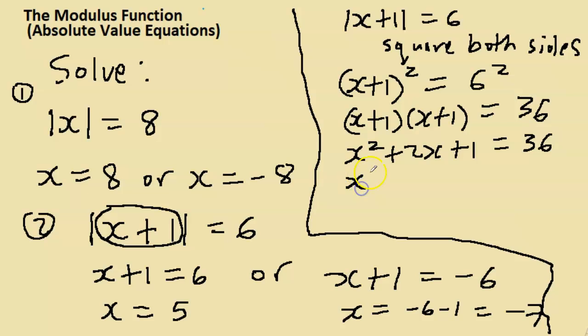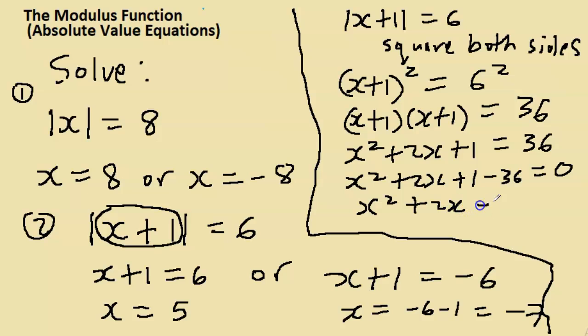And then we have a quadratic. So I can group the constants: subtract 36 from both sides, so 1 minus 36 equals minus 35. So I have x squared plus 2x minus 35 equals 0. I'll skip a couple steps here and factorize. If I factorize this quadratic, remember positive 2 can be written as 7 minus 5, so x plus 7, x minus 5.